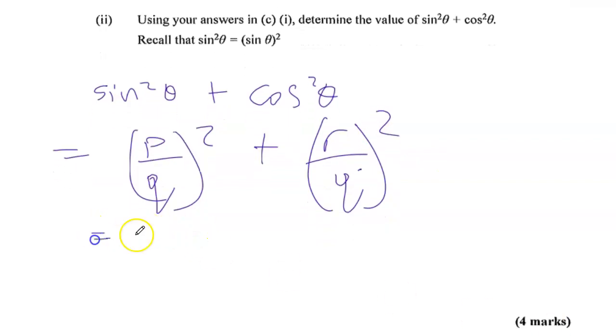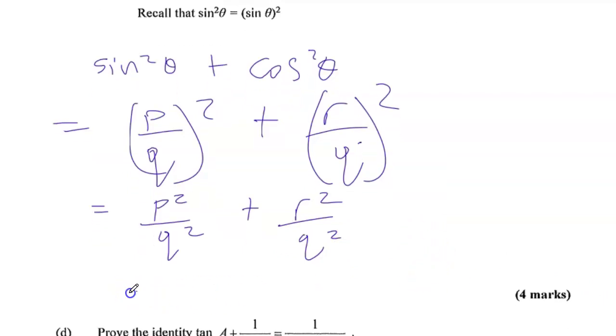So this is P squared over Q squared plus R squared over Q squared. And since we have a common denominator, which is Q squared, put the numerators together, that's P squared plus R squared. So it's P squared plus R squared all over Q squared.